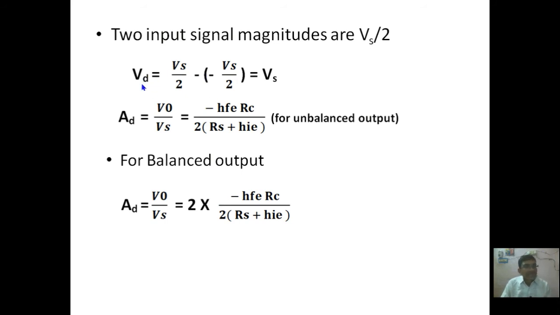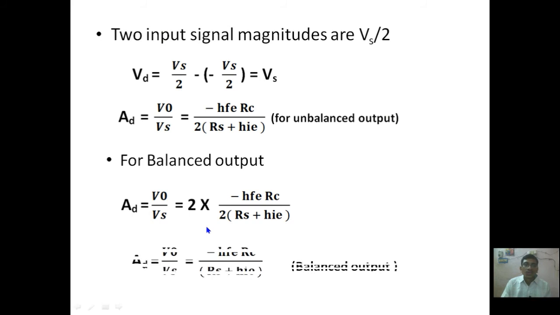The unbalanced output differential gain is multiplied by 2 because in the balanced output condition, the differential voltage Vd is equal to Vs. Therefore this 2 and the denominator 2 get cancelled. The differential gain AD is equal to V0 by Vs, which is equal to minus HFE RC by RS plus HIE for balanced output.